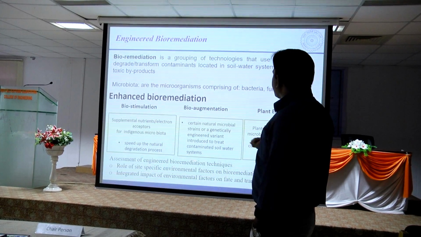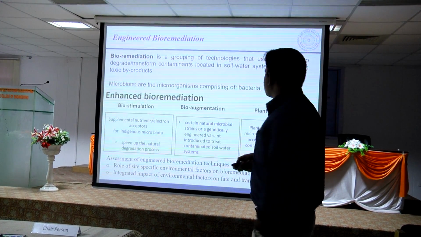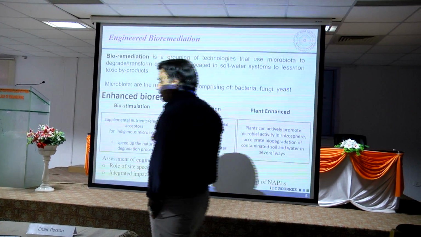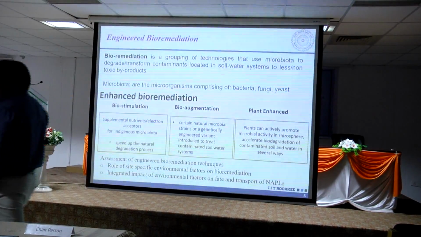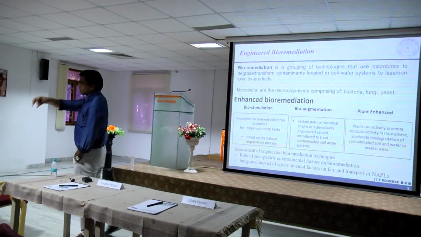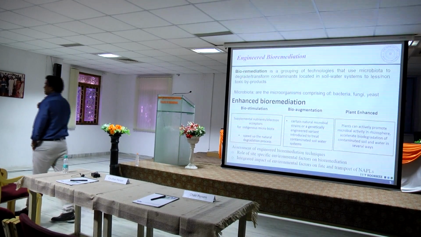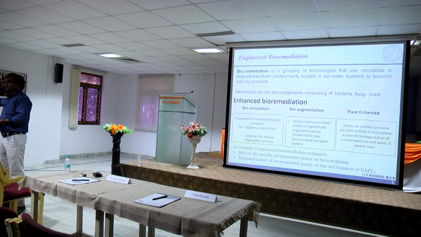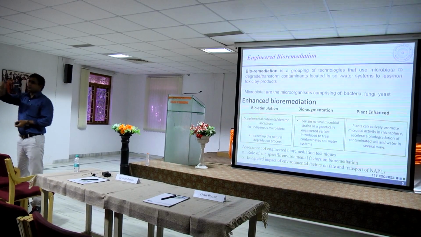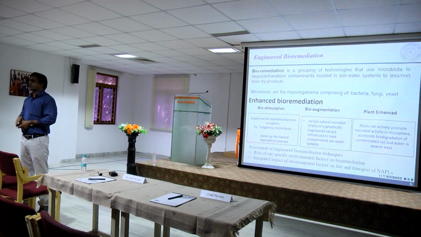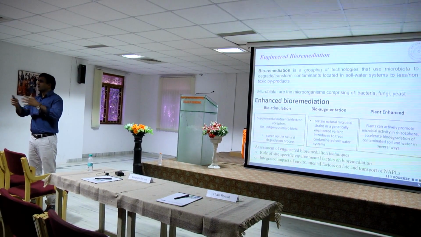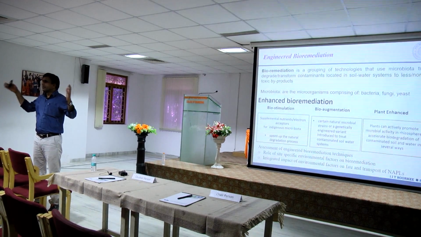Another way of increasing the rate of bioremediation is bioaugmentation. In bioaugmentation, extra microbes are introduced at the polluted site. You go to the market, purchase some microbes, go to the polluted site and introduce these microbes at the site. What will happen? The number of microbes is going to be more, which are going to be responsible for degrading the contaminant.